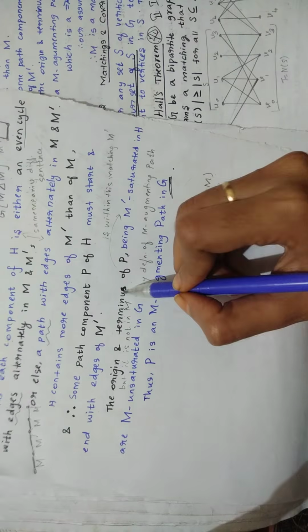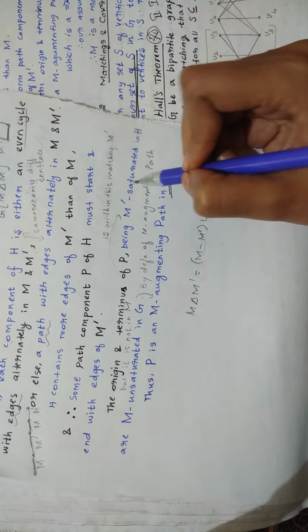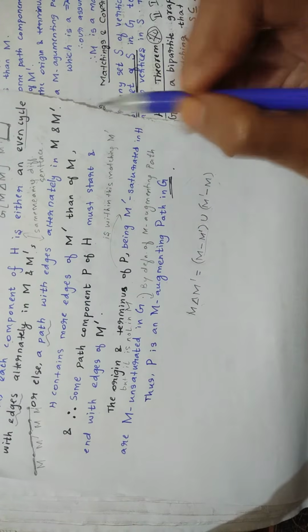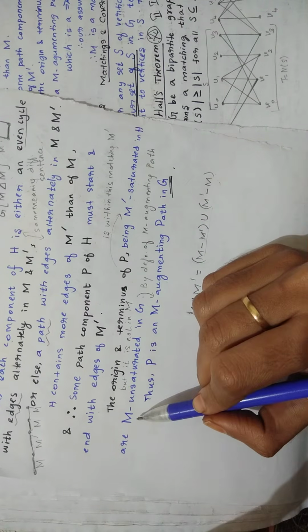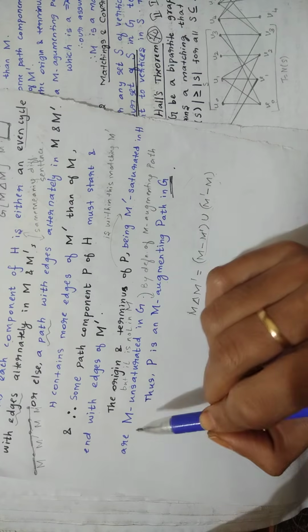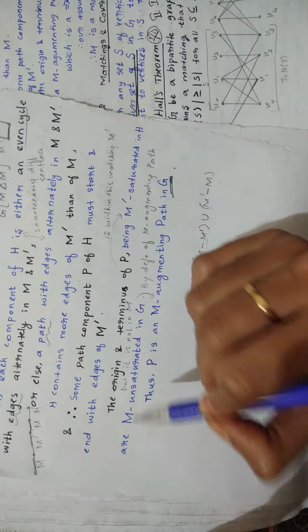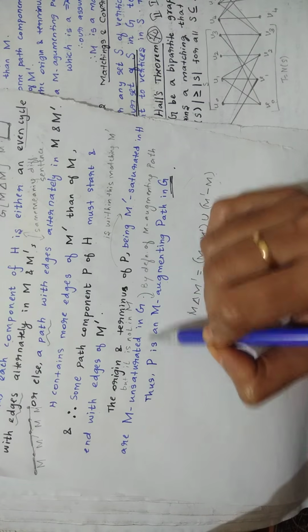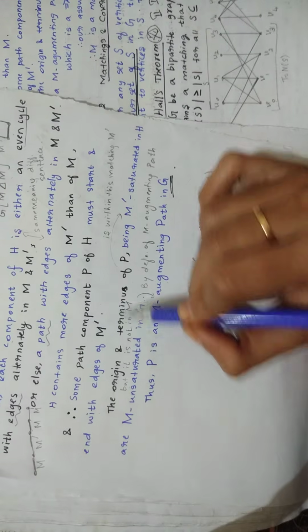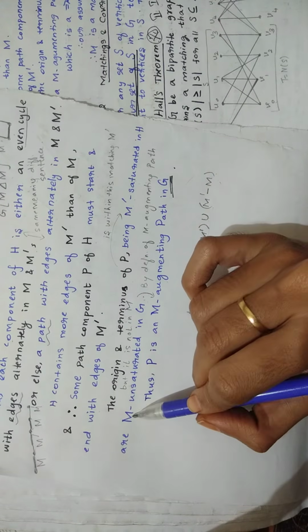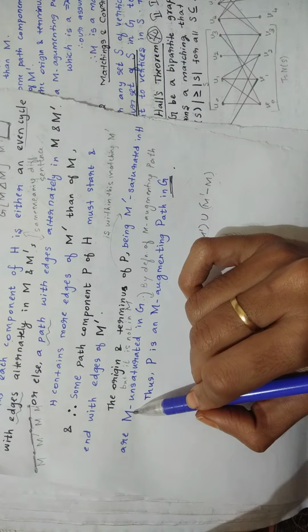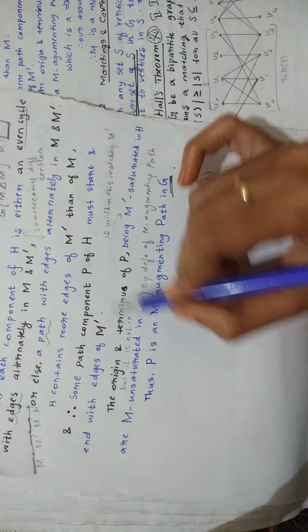So that origin and terminus is M dash saturated in H, but that same origin and terminus is M unsaturated in G. It means that origin and terminus is not present in the matching M in the graph G. That is what they are saying.